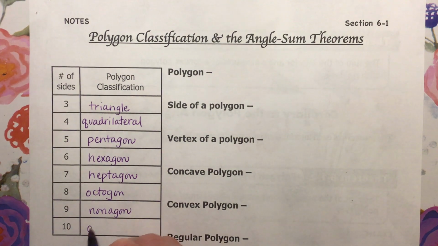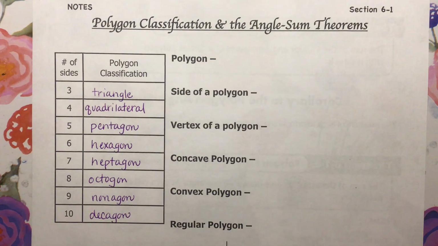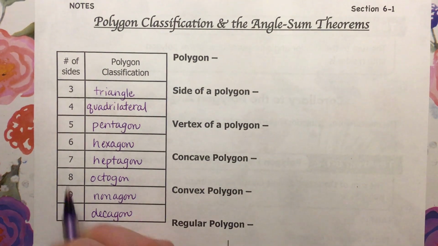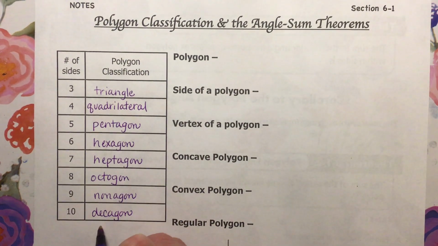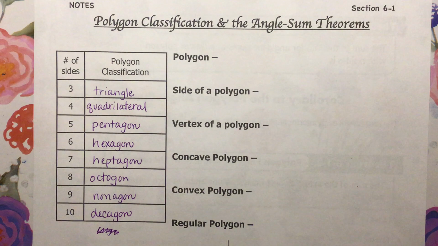And a 10-sided polygon is a decagon. So we'll be practicing using these words. We could also say six-gon, seven-gon like this. Just as an example, instead of saying hexagon, we could also say six-gon, and that means the same thing. That was just a little side note.